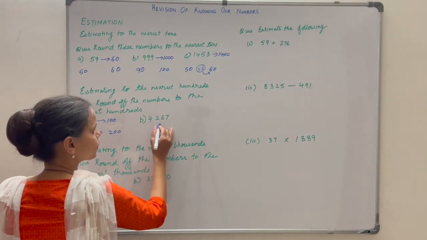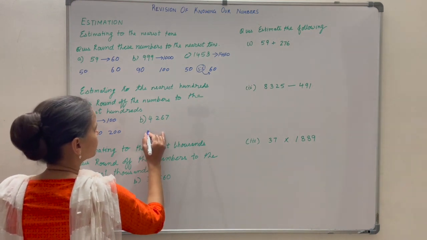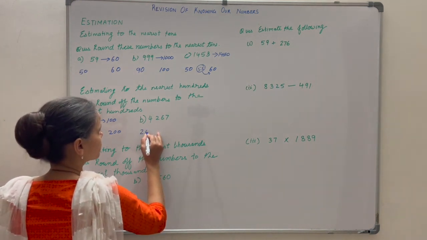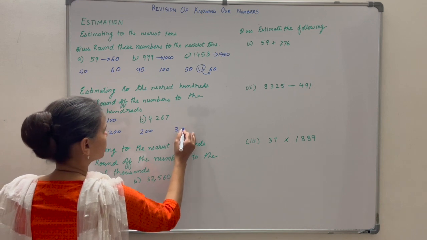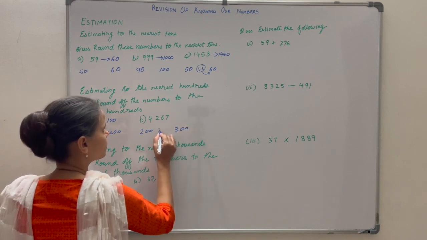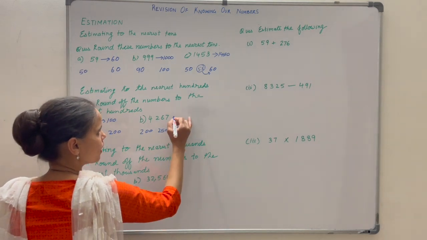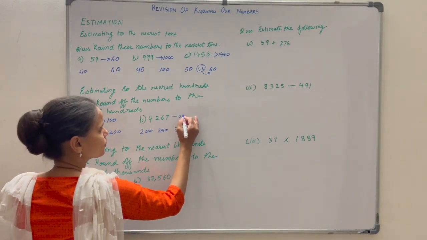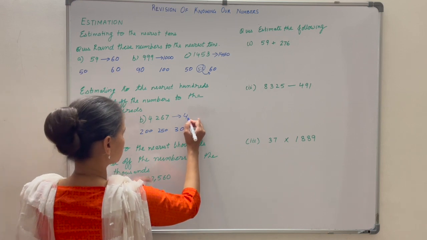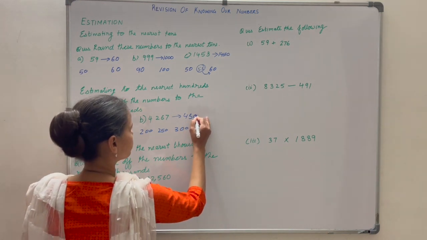Now here 4267. 267 lies between 200 and 300 and the mid value is 250. It is more closer to 300. So this is rounded off to 4300.